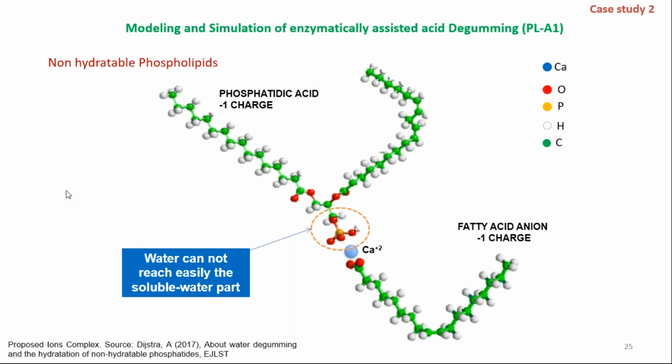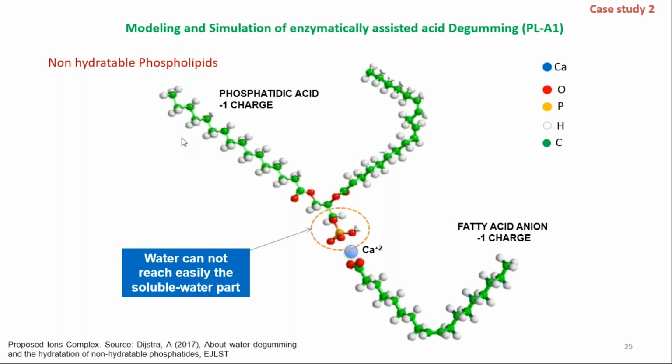Basically, he proposed that since we have different charges of the salt cation in the phospholipid structure, which is linked to the calcium, then a fatty acid anion with a minus 1 charge is linked to this phospholipid salt, forming this new phospholipid structure, I would say, which is bonded to a free fatty acid with a minus 1 charge.